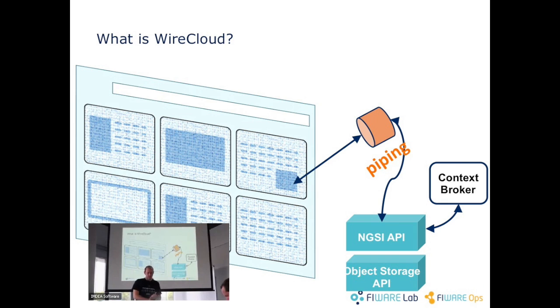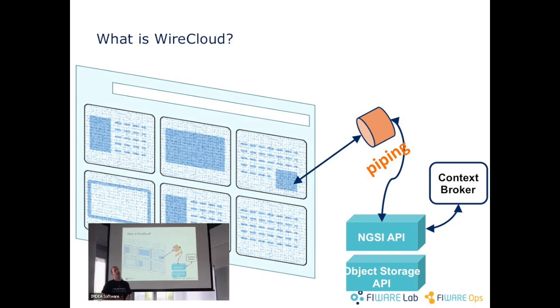And not only do we access backend services directly, but we have incorporated into WireCloud several APIs, so as to facilitate access to different services on WireCloud. We have here 2 examples. We have an API for accessing NGSI.